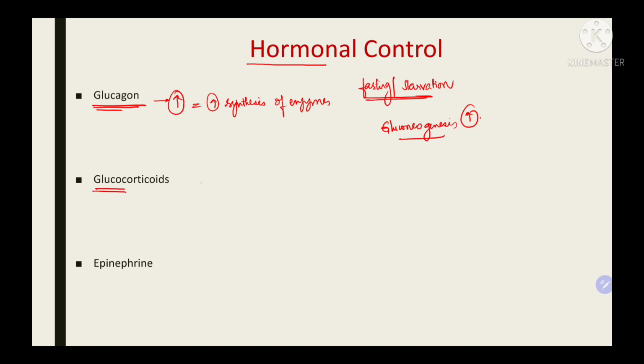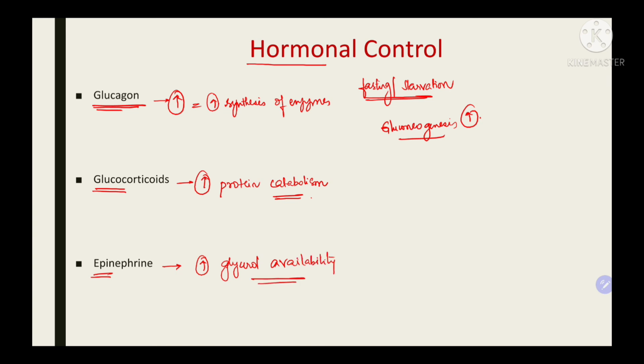Whereas glucocorticoids increase gluconeogenesis by increasing protein catabolism and thereby providing the substrates that are required for gluconeogenesis. And epinephrine mainly increases gluconeogenesis by increasing the glycerol availability by fatty acid oxidation. So overall, all the hormones increase gluconeogenesis in specific conditions like fasting and starvation.